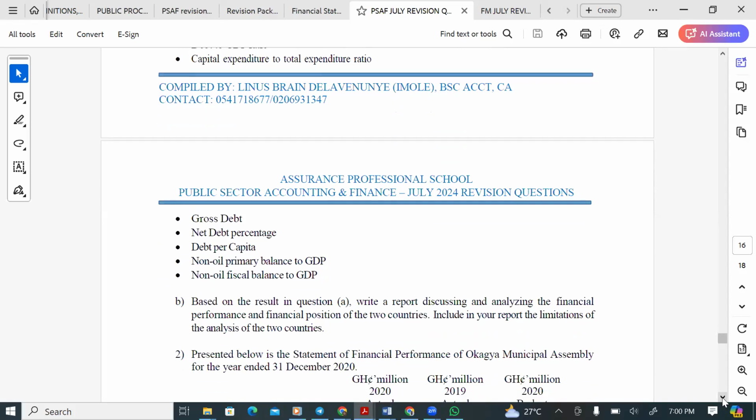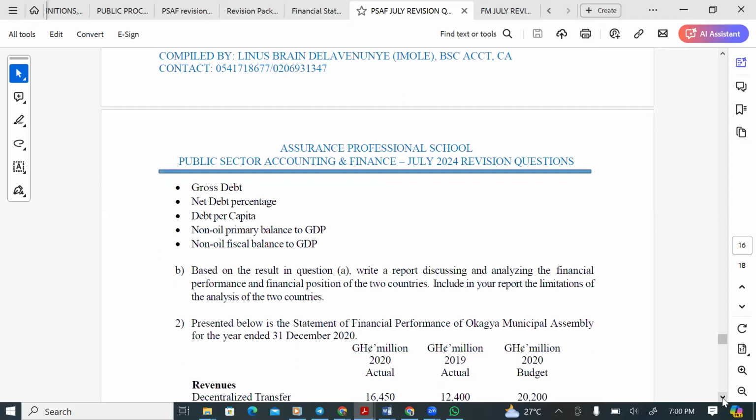B. Based on the results in question A, write a report discussing and analyzing the financial performance and financial position of the two countries, including in your report the limitations of the analysis of the two countries.